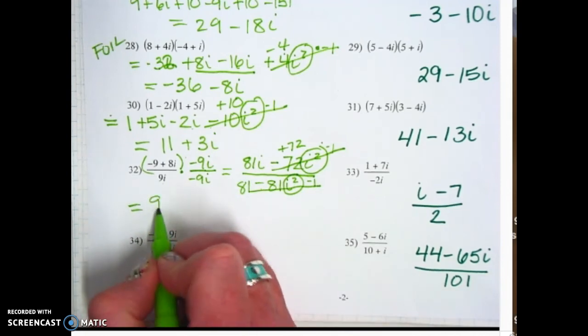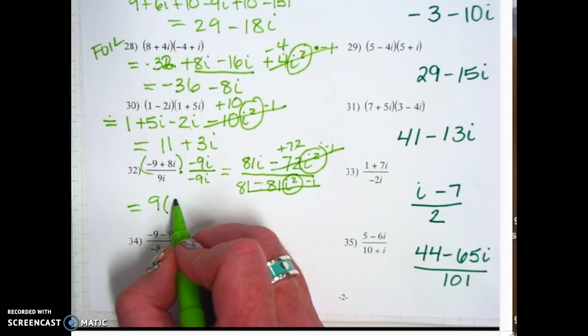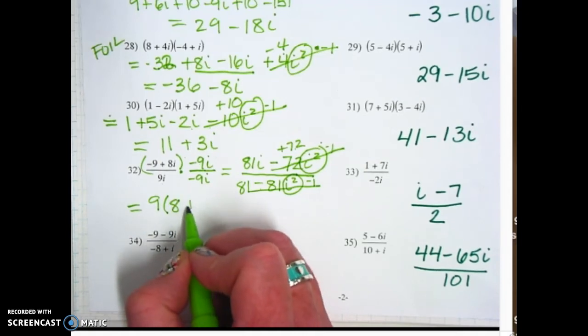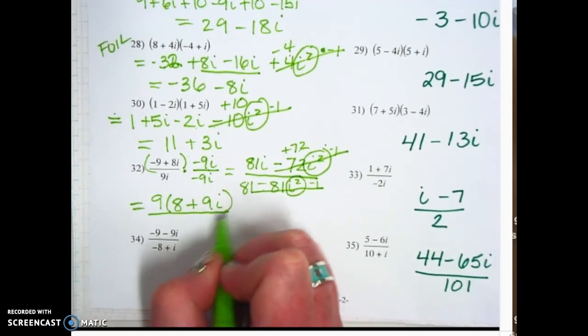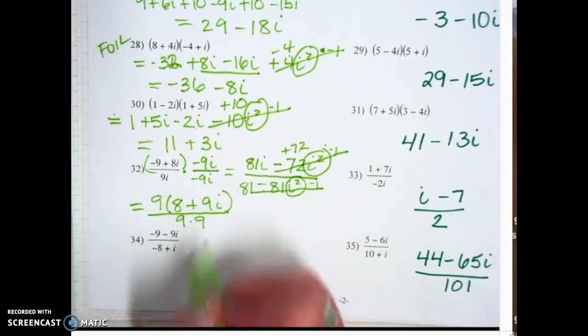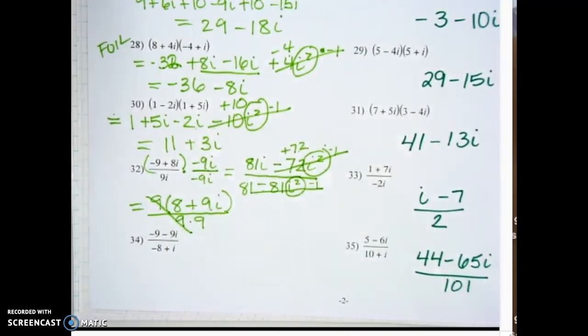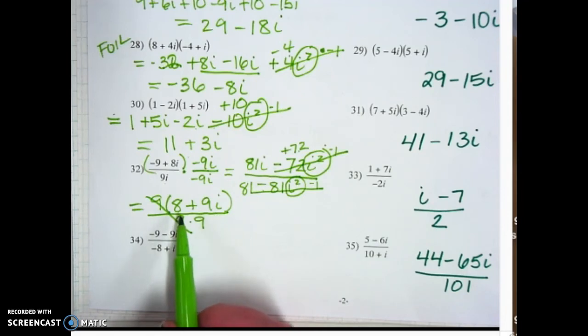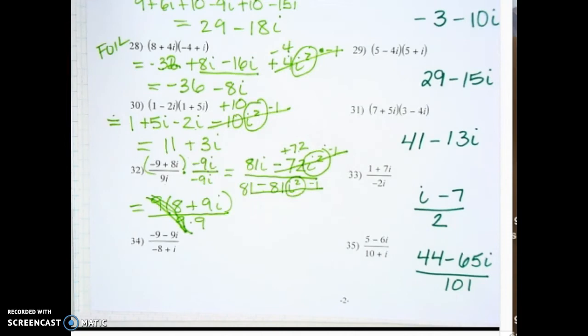I'm going to factor out a 9, and I'm going to write the real number first, which is 8 plus the 9i. The denominator, I know there's a 9 times 9 to get 81. So those guys are going to cancel. And the final answer should be 8 plus 9i over 9. You can rewrite it if you want to.